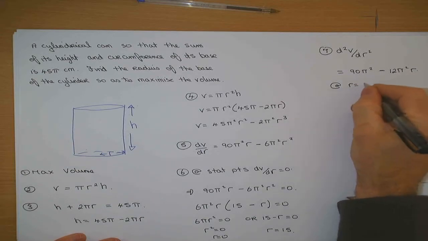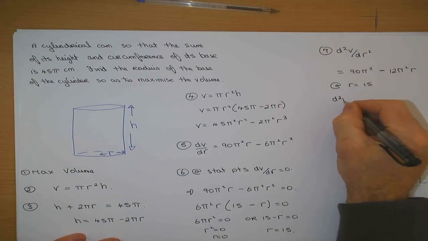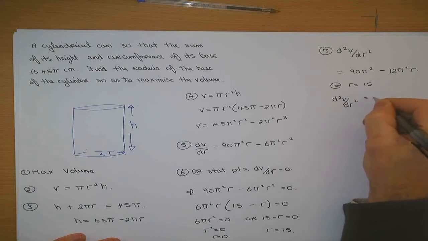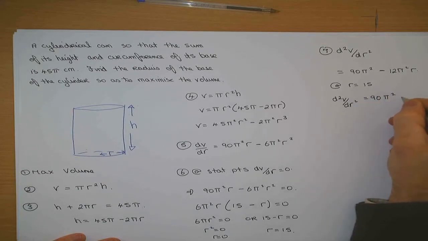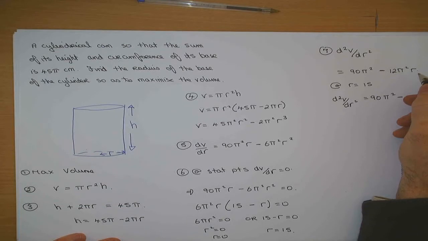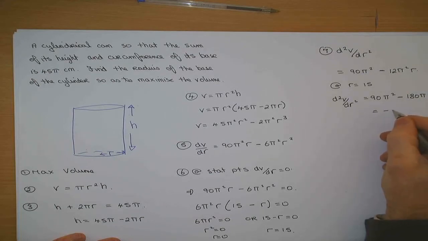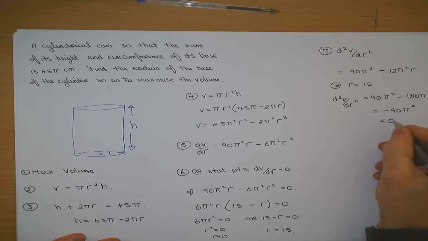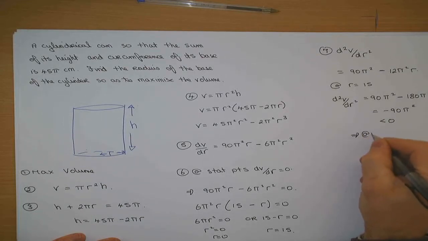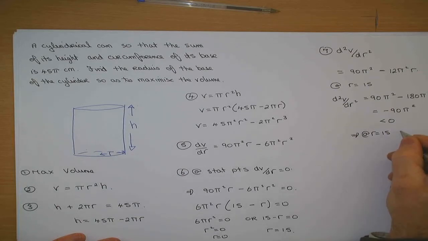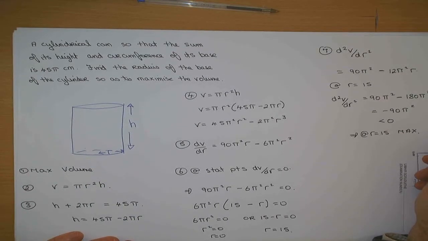At r equal to 15, d2V/dr squared will be 90 pi squared minus 180 pi squared, which is minus 90 pi squared. So I can say it's less than 0. So at r equal to 15, what do I have? A max. Any questions?